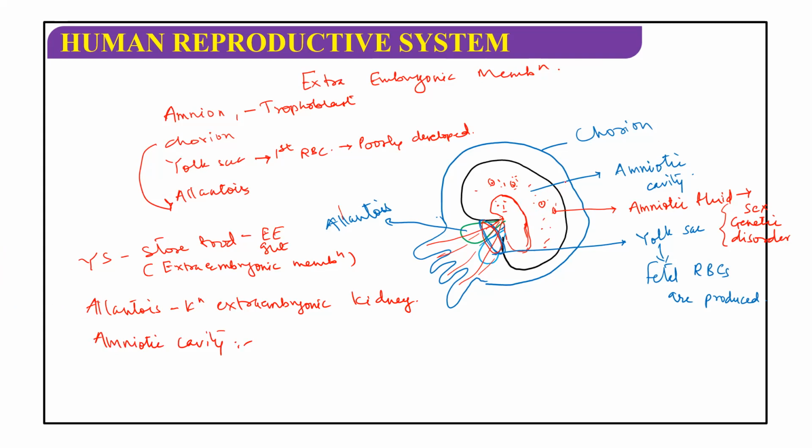And so this amniotic is acting as a shock absorber and it provides the aquatic medium for the developing embryo. मतलब वो बेबी ड्राई नहीं होना चाहिए, है कि नहीं?